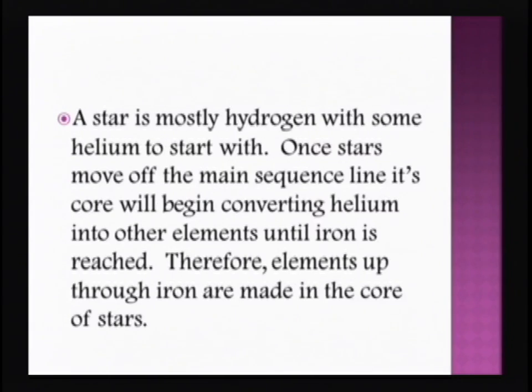And as we've talked, remember that a star is mostly hydrogen with some helium. And once it starts moving off the main sequence line, its core is no longer going to be undergoing thermonuclear reactions to convert hydrogen into helium. Now we're going to go from helium into other elements. For the really large, massive stars, we'll make it all the way up to iron.